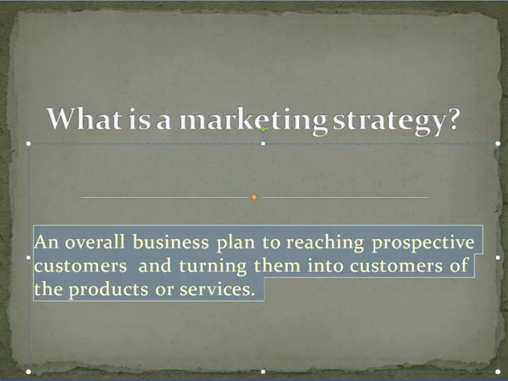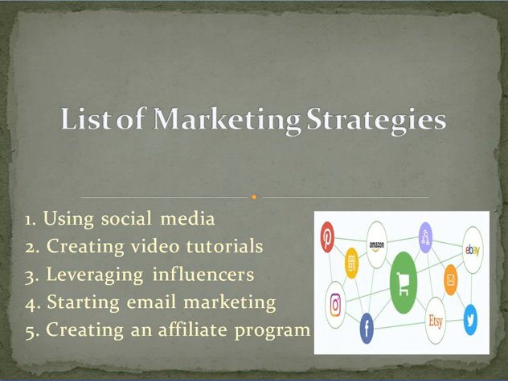Okay, here you go. There are some pictures. I am going to list 5 marketing strategies so that you can at least remember 3 of them. So number 1 is using social media.